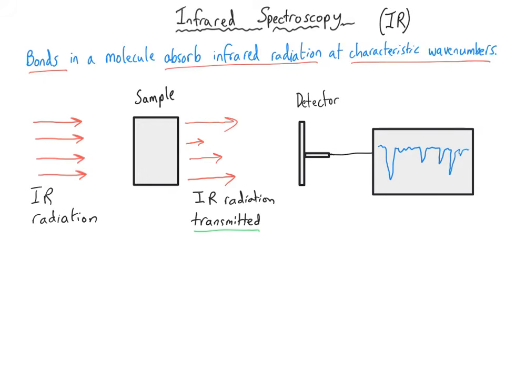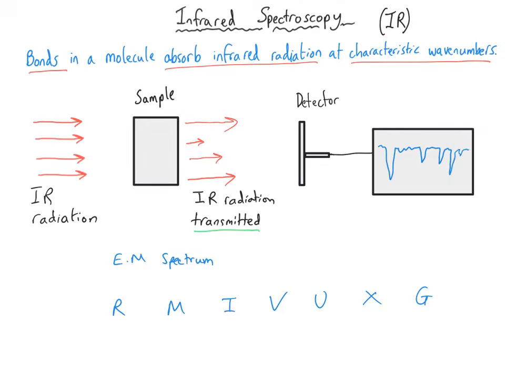I'm just going to take a moment to remind you what infrared light is by taking you back to GCSE physics. If you remember the electromagnetic spectrum, where you have got all the different types of light, you've got radio, you've got microwave, infrared, visible light, ultraviolet, X-ray, and gamma rays.